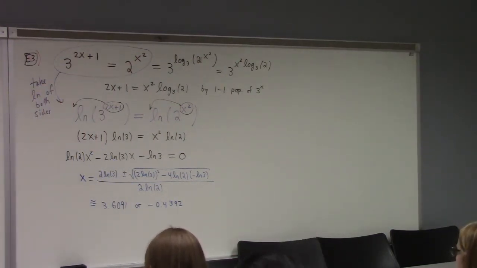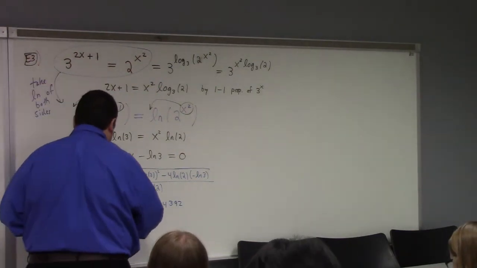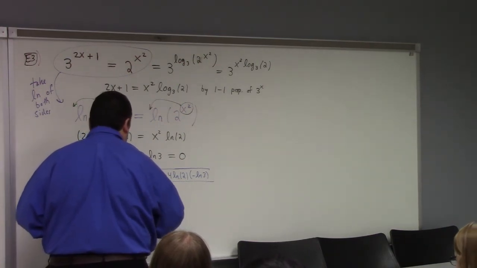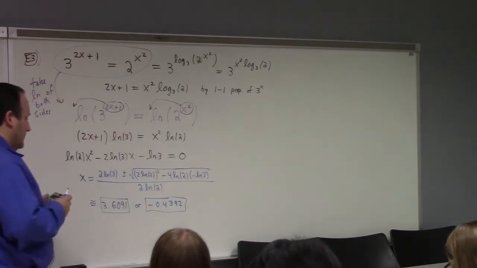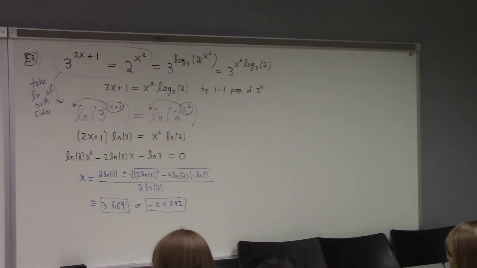Now I think in this case, both of the solutions are going to work. Here we never made a step where we were combining logarithms. So I'm pretty sure both of these answers are going to be real answers. I mean, you can try them out, right? Let me try it out.